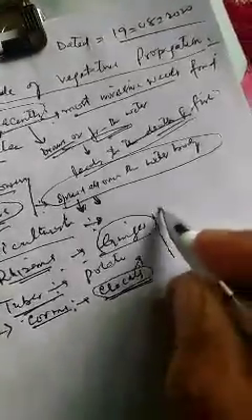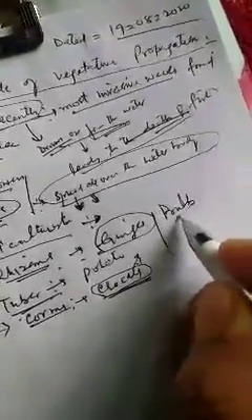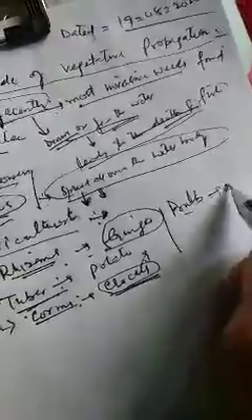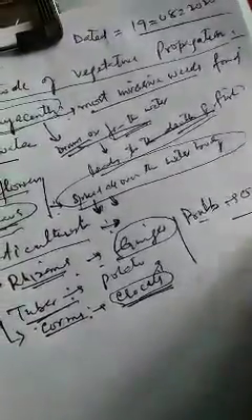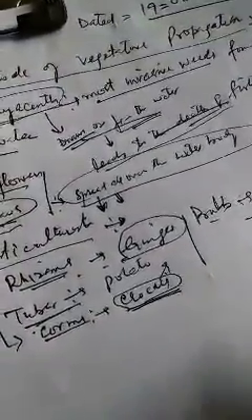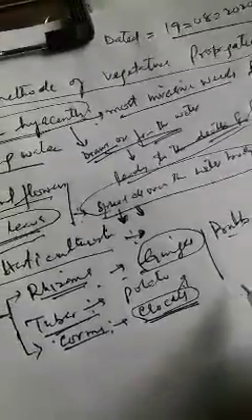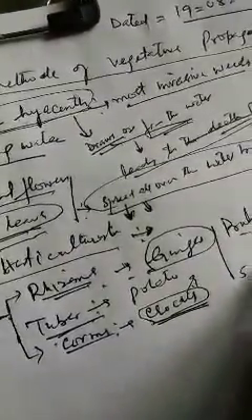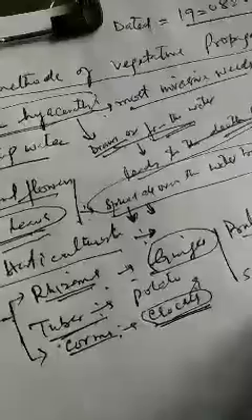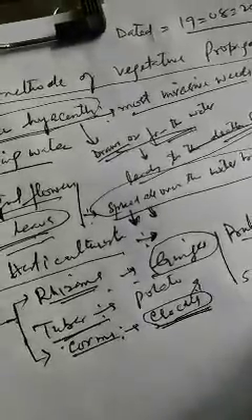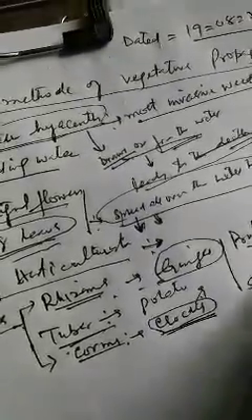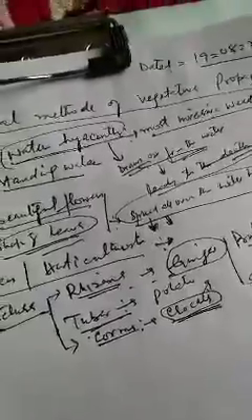Similarly, another specialized organ is the bulb. This we use in case of onion. We use bulbs for producing new plants. Another, that is fifth, is sucker. In case of mint, we use a specialized modification of the stem, that is called a sucker.